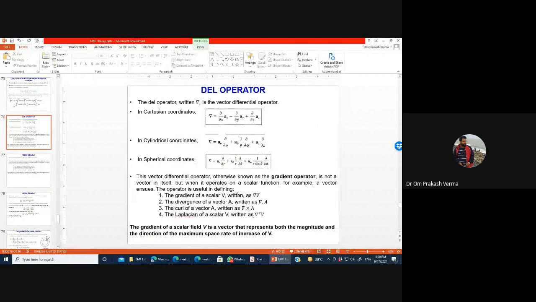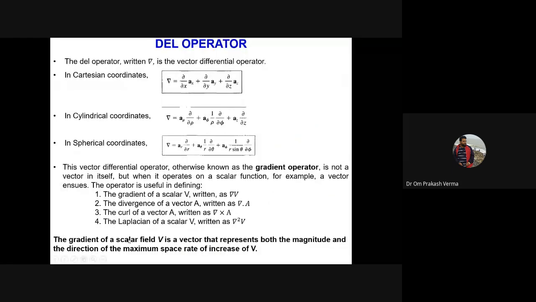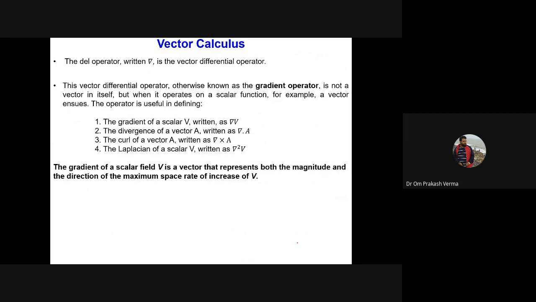So I think the time is up. It means we have gone through the gradient of a scalar field. I'm repeating once again: the gradient of a scalar field is a vector that represents both the magnitude and the direction of the maximum space rate of increase. This is the key point of the gradient value.